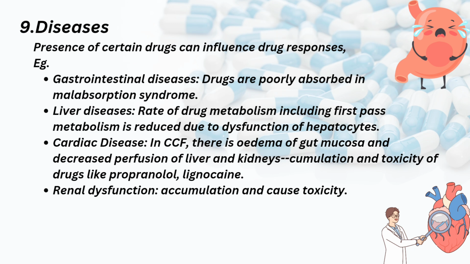In cardiac diseases like congestive cardiac failure, there is edema of gut mucosa and decreased perfusion of liver and kidneys that causes accumulation and toxicity of drugs like propranolol and lignocaine. In renal dysfunction, there is accumulation of drug that leads to toxic effects.